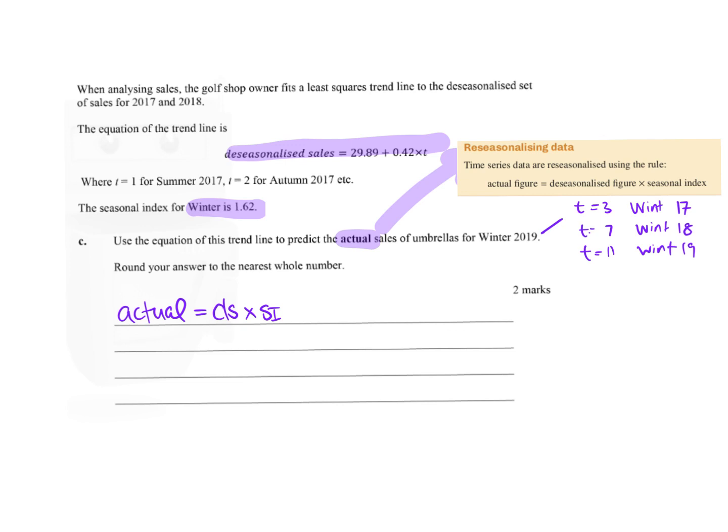So I'm just adding 4, makes it quick. That's what I did to make sure. So I know this one's T equals 11. When I go to use that deseasonalized equation, I know I've got to type in the right quarter. So this is quarter 11 there, and then times the seasonal index, which they gave me.